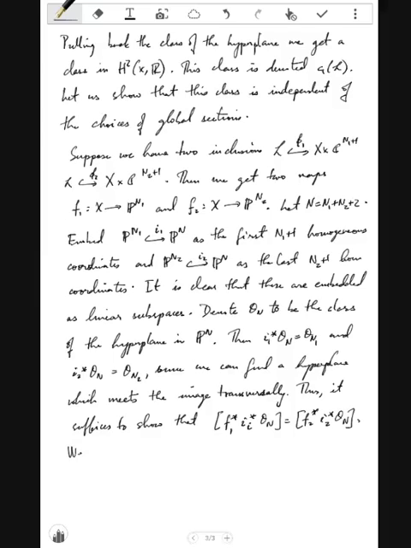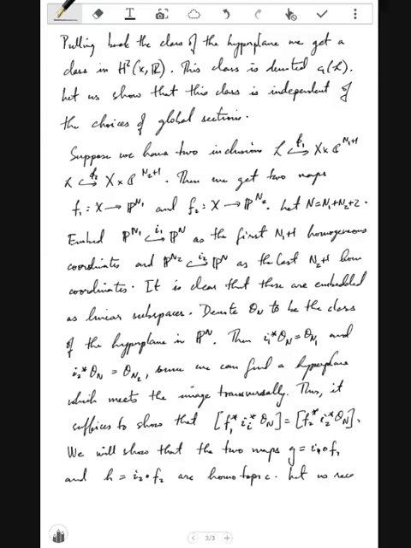So we will show that the two maps g equal to i_1 compose f_1 and h equal to i_2 compose f_2 are homotopic. So let us recall how the maps f_1, f_2 and g and h are defined.